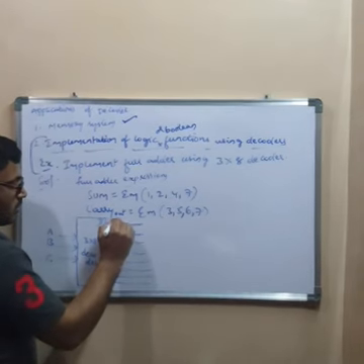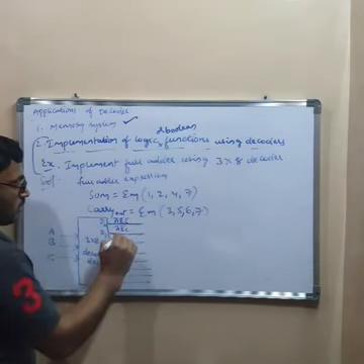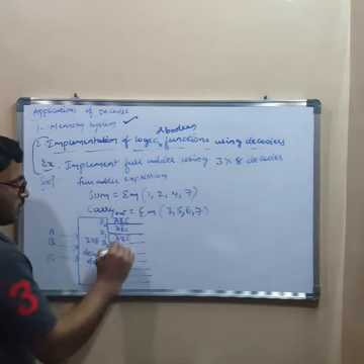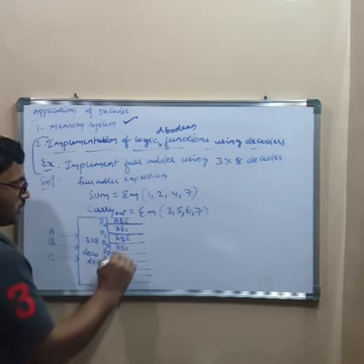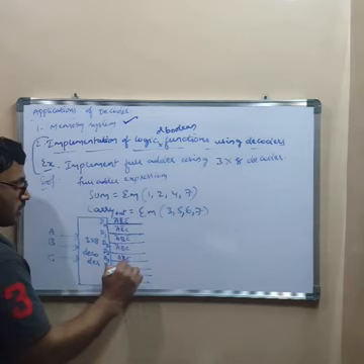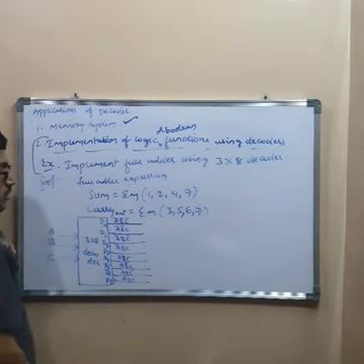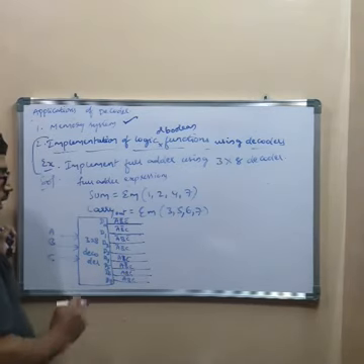So this is A bar, B bar, C bar. A bar, B bar, C. A bar, B, C bar. A bar, B, C. A, B bar, C bar. A, B bar, C. A, B, C bar. A, B, C. Right?